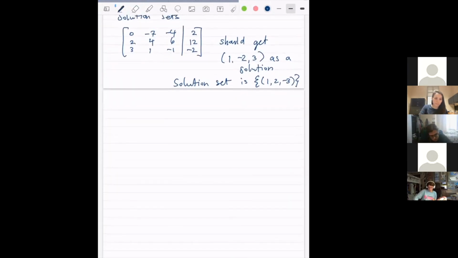Right? Okay, but what if your system has infinitely many solutions, right? We said that that was one of the options as well.